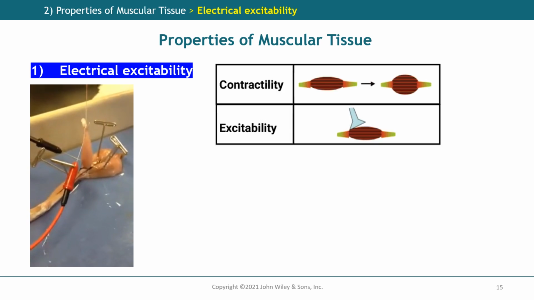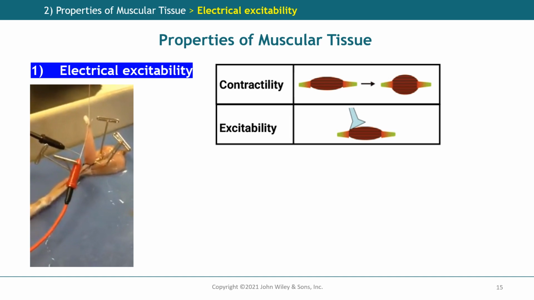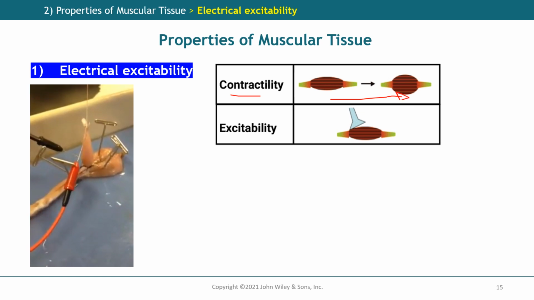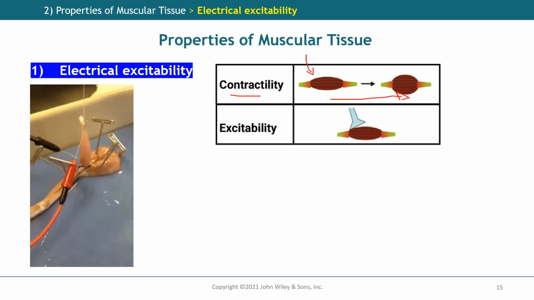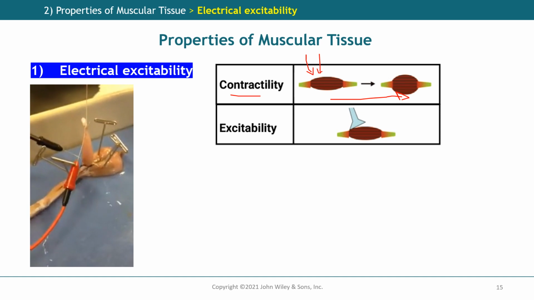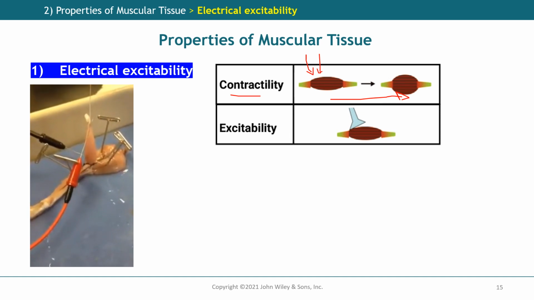And here is what generally happens. We have contractions, but how does this contraction happen? Because you have either a motor neuron that is affecting this muscle, or in other cases you have hormones. And in both cases, what you're doing is making an electrical change.